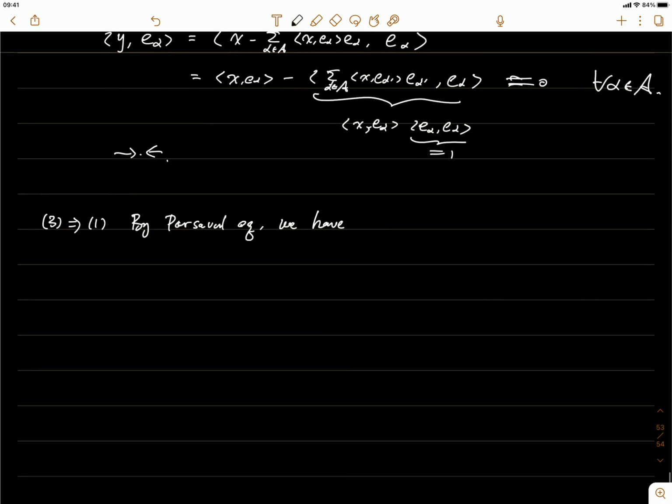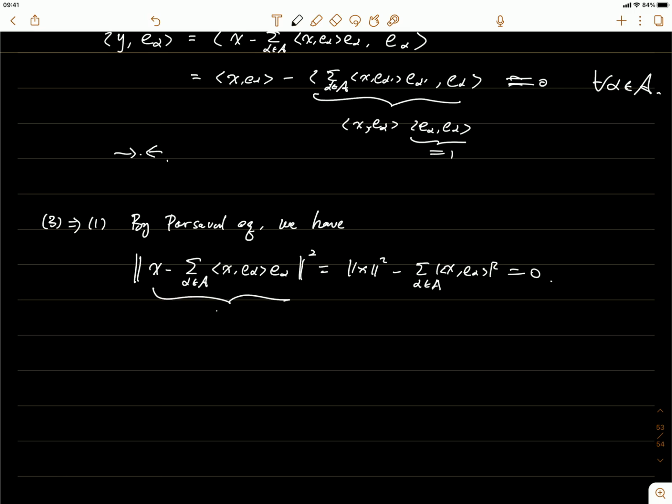So we actually have the sum here. I know that this is just the norm of x squared minus the sum of the inner products of x with e alpha, squared. Because the Bessel inequality holds, this should be equal to 0, and that just means that this one has to be equal to 0.